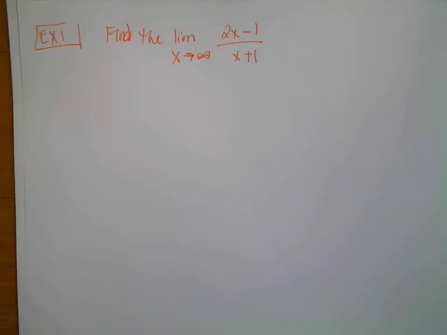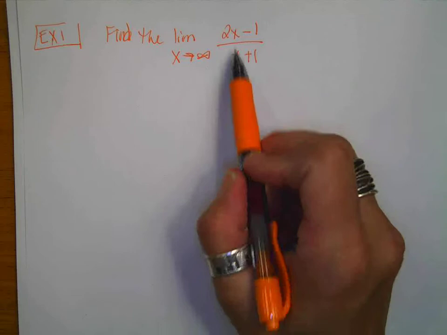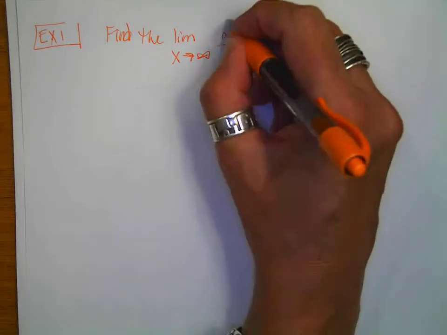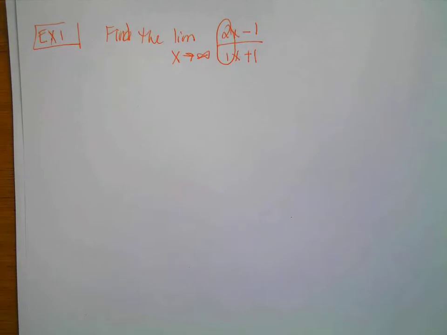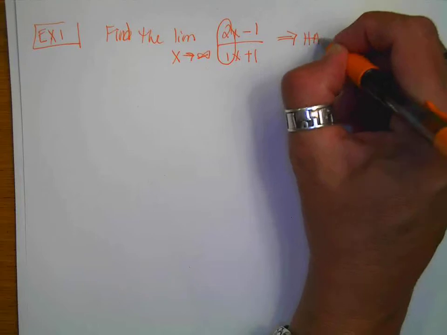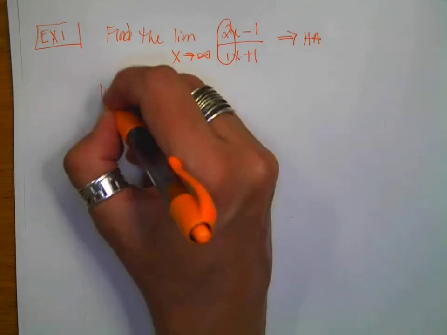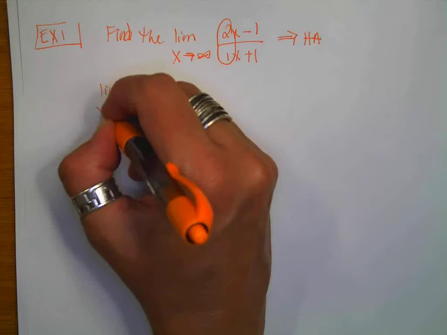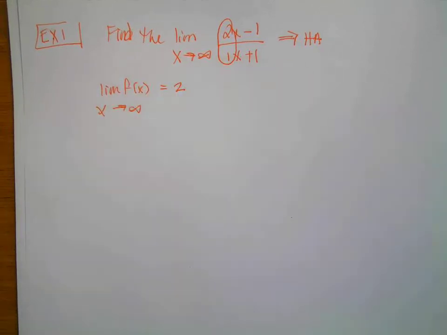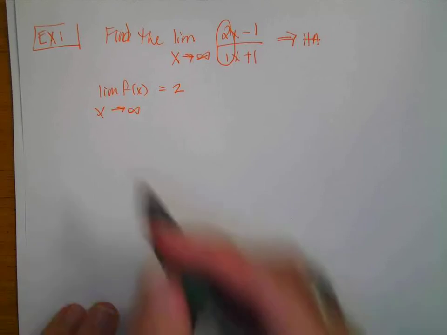Now, there's lots of different ways you can do this, but if you'll notice the degree is the same, top and bottom, and the limit is just going to be the horizontal asymptote, and so I would say that the limit of f of x as x approaches infinity is going to be 2. All right? It's really pretty easy. You always want to look for the horizontal asymptotes because it makes your life significantly easier.